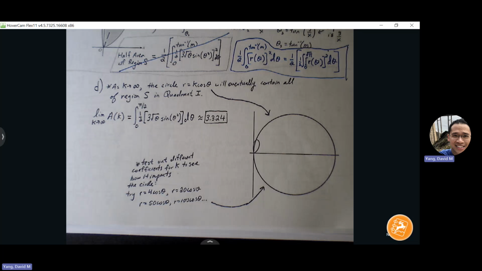And eventually this circle will be large enough that it's going to enclose the entire first quadrant and fourth quadrant. Right, it's eventually going to get steeper and steeper.